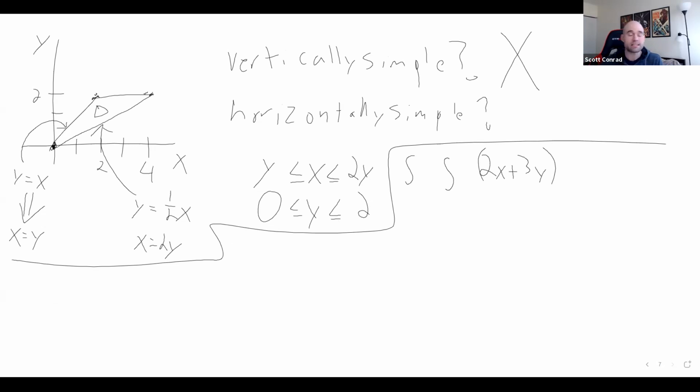So it's horizontally simple. X is going to be bounded by functions. So we have to integrate with respect to x first. So x goes from y up to 2y. Our inner integral is going to be with respect to x. And then we integrate with respect to y. Y goes from 0 to 2.